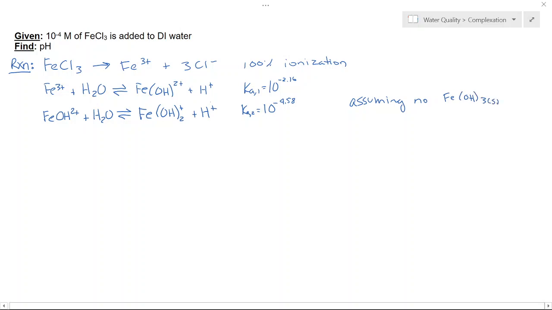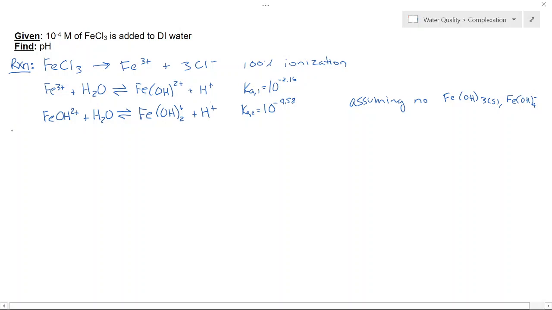And then at the end we're going to check that assumption. And also no FeOH4 minus. Okay, so I've already written out the reaction.